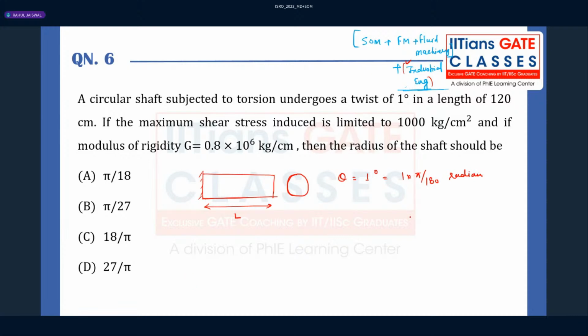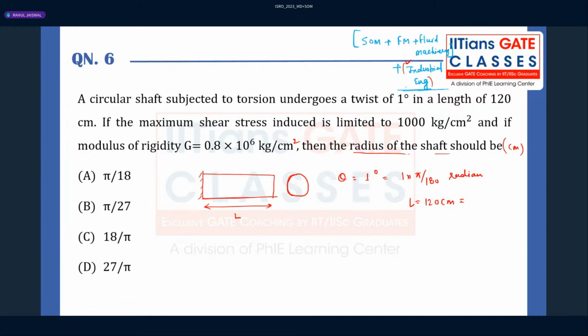This shaft has a length of 120 centimeter. We can also convert to mm, but no need, because let's keep everything in centimeter so that we can get the final answer for the radius of the shaft in centimeter.